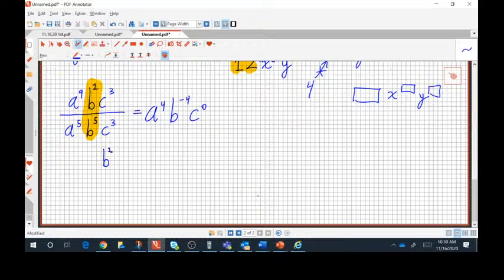It's b to the 1st, which is just 1 b, divided by b to the 5th, that's 5 b's. So, what happens to these b's? Well, you cross 1 out, and what's in the denominator? 4 b's. That is, b to the -4th equals 1 over b to the 4th. A negative exponent is actually saying this is in the denominator.